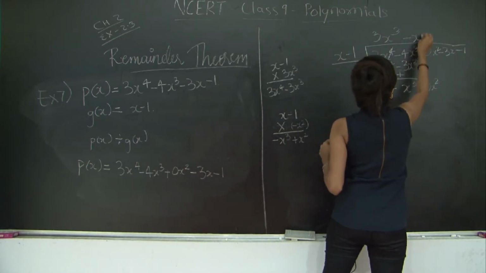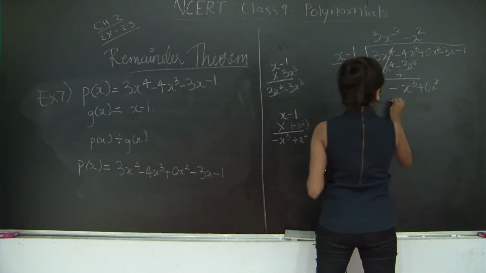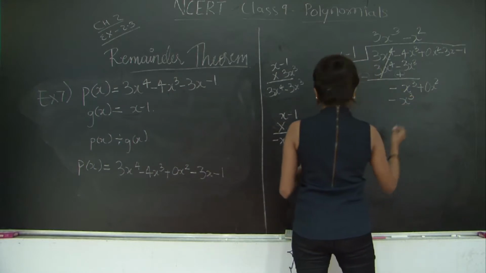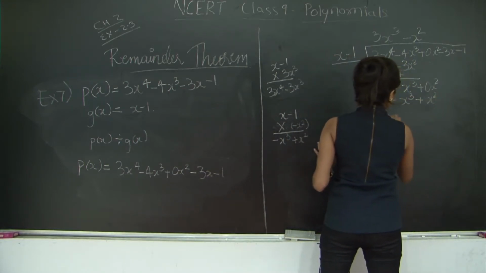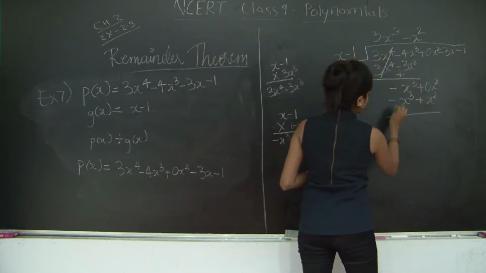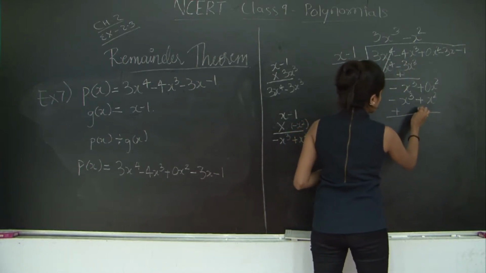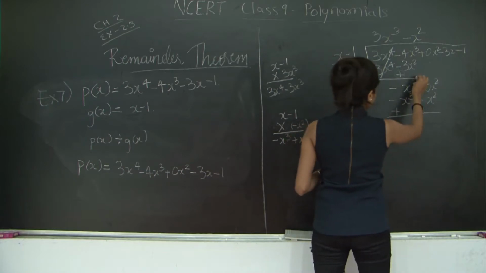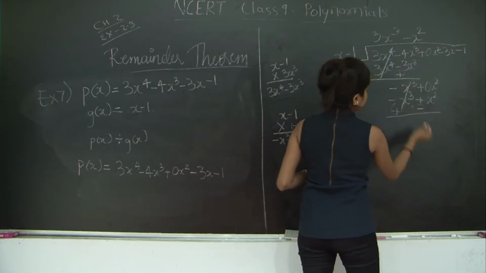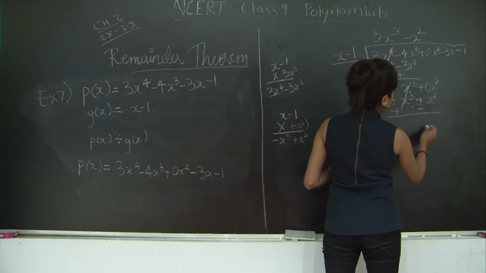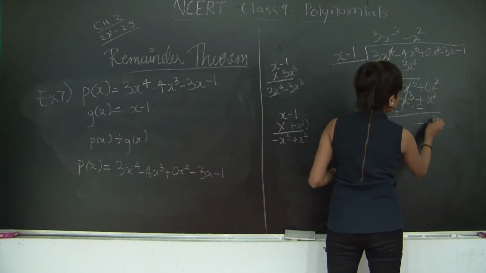So minus x^2 will give me minus x^3 plus x^2. Negative sign becomes positive, positive sign becomes negative. x^3 minus x^3 cancels. Minus x^2 plus 0x^2 gives me minus x^2.